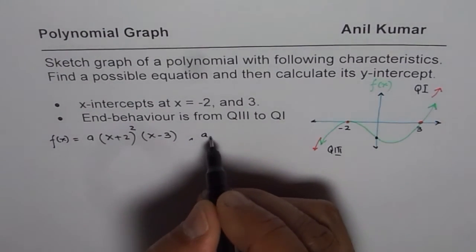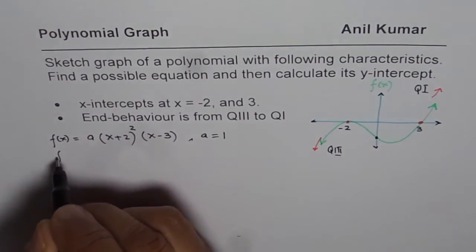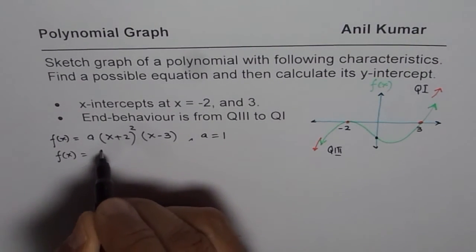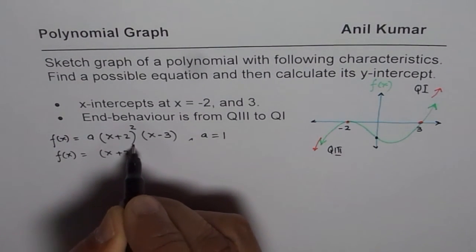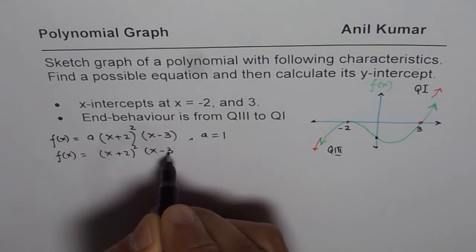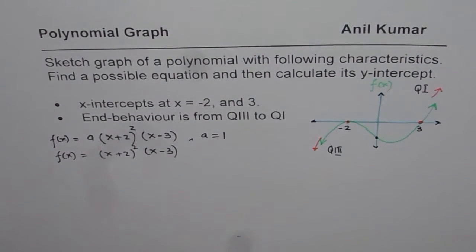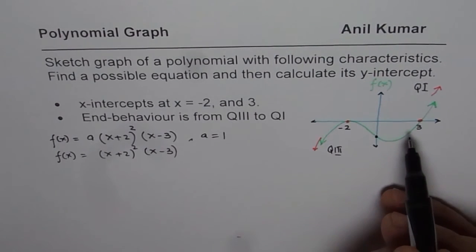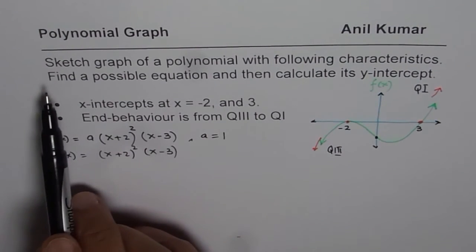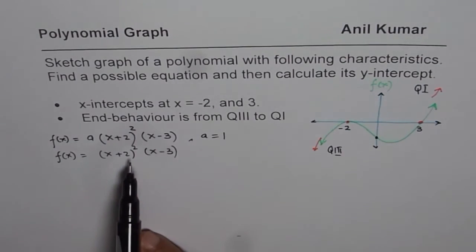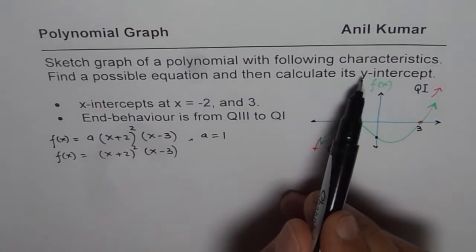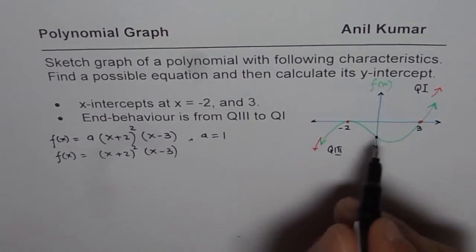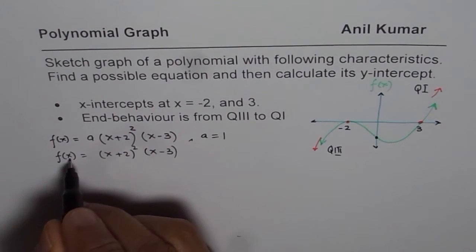So that is a possible equation. We can keep a equal to 1 and then we can write our function as x plus 2 whole squared times x minus 3. You can give any value to a, so there is a family of graphs which is going to satisfy this condition. Therefore, that's the possible equation, and then calculate the y-intercept, this point. We could calculate by placing x equals 0.